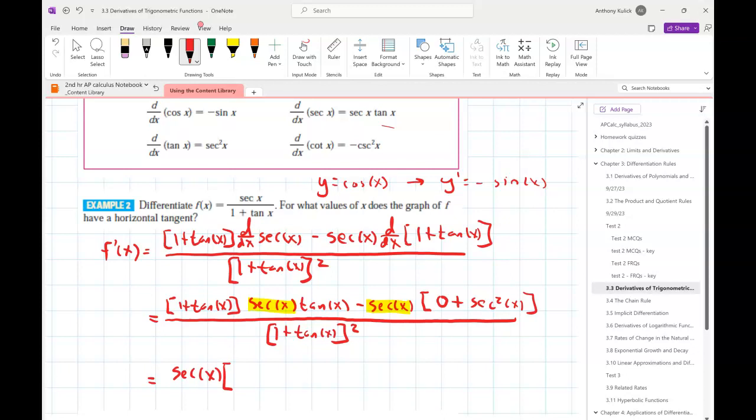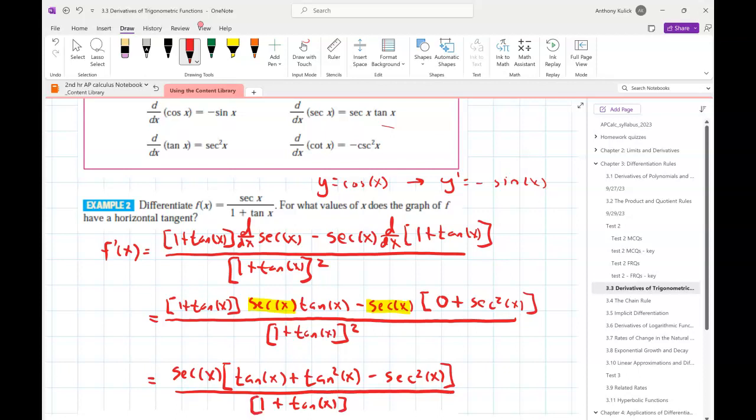The derivative of 1 is 0, and the derivative of tangent is secant squared. So I did that after I factored the secant x out. I went ahead and multiplied that rest of that stuff out.